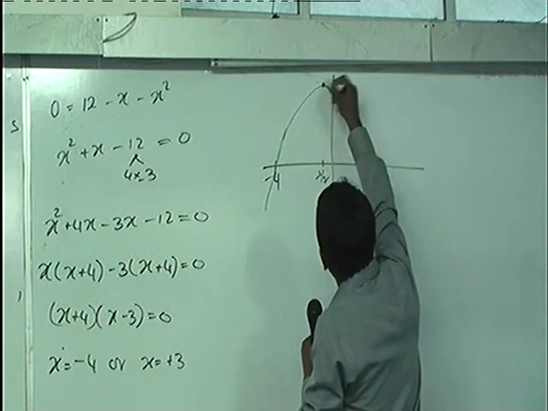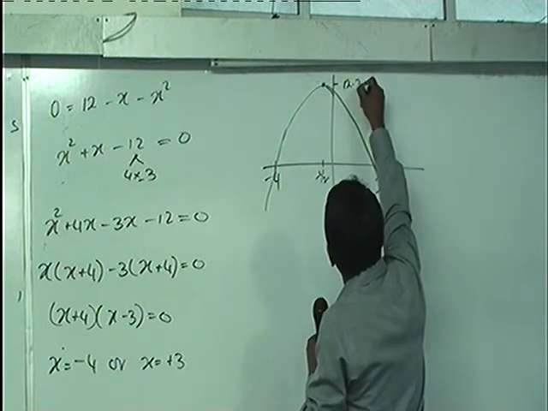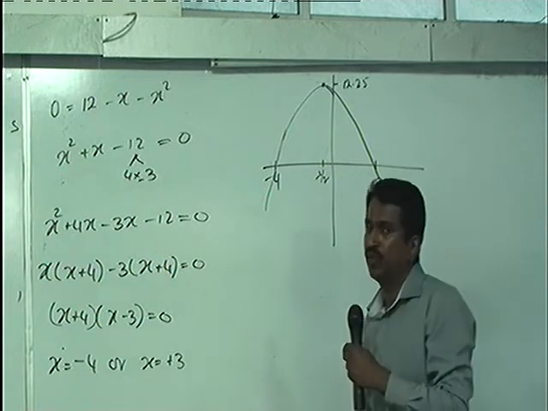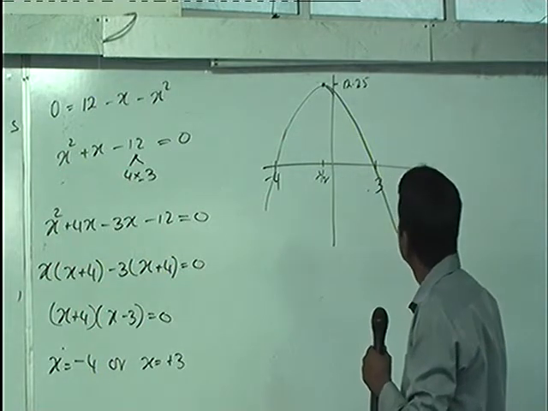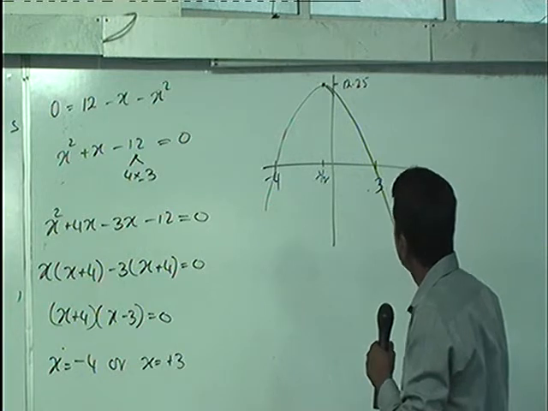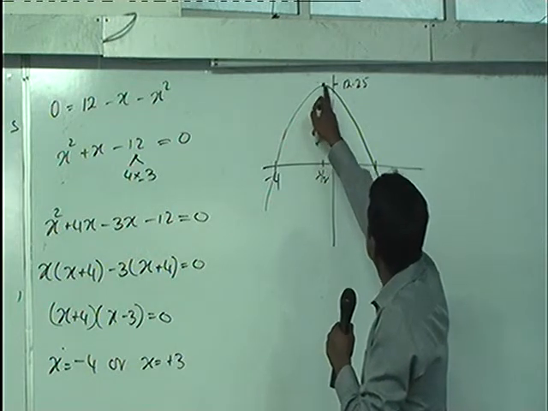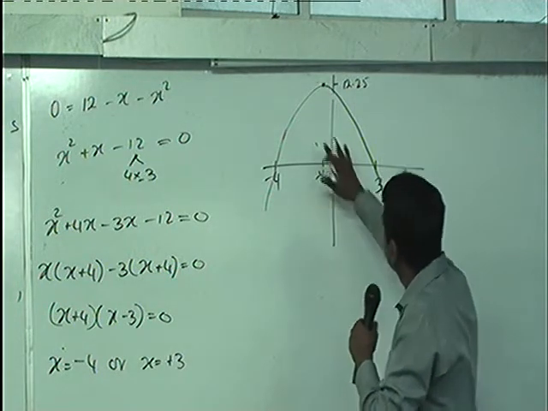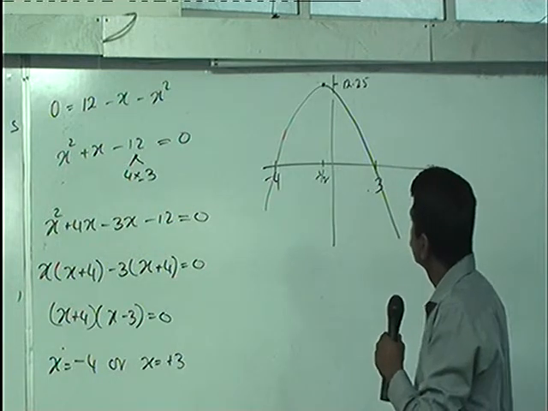This particular point is 12.25. The maximum point is 12.25. So that is the curve.